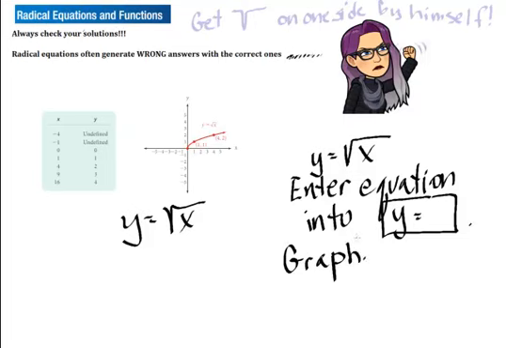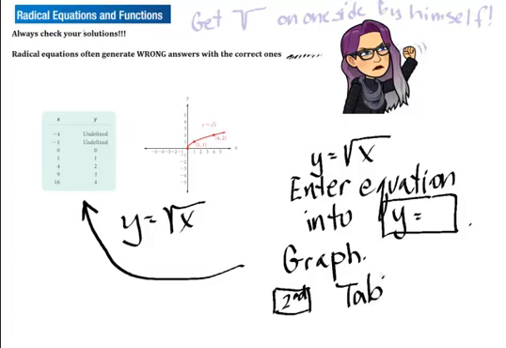If you'd like to look at the table of values, you'll hit your second key. Usually it's either blue or yellow, because if you'll notice, your table key is written in one of those colors, and then you'll be able to scroll up and down through the table and get your x, y points to plot.